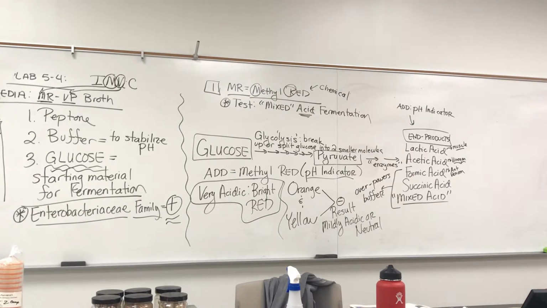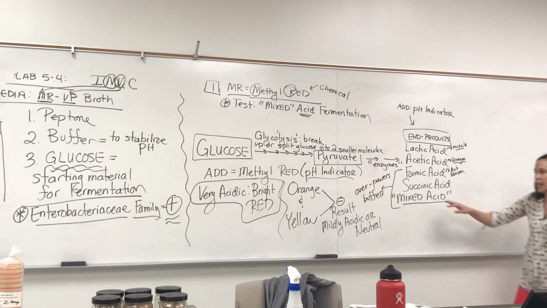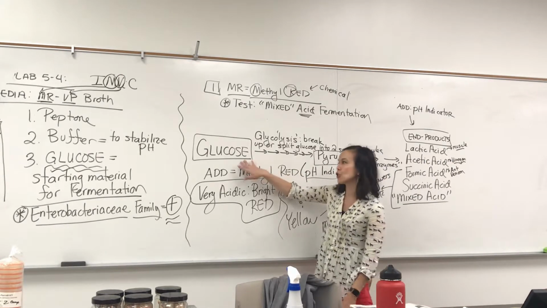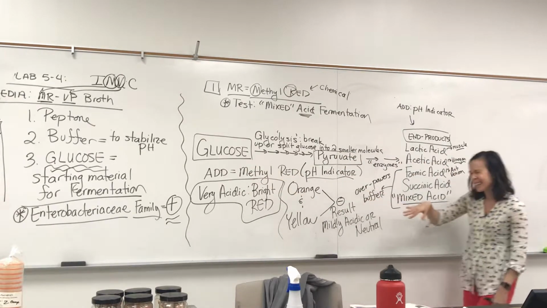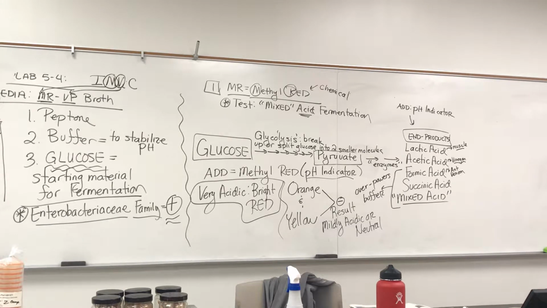And then our buffer is meant to stabilize the pH? Yeah, the buffer is in there because your organism might use the glucose for the other pathway, like respiration, and we don't want the pH to move around for that.